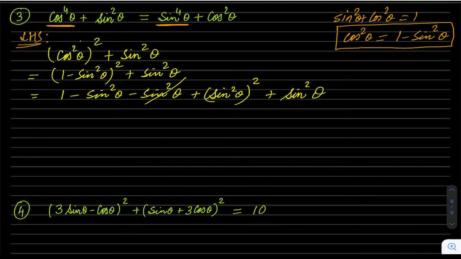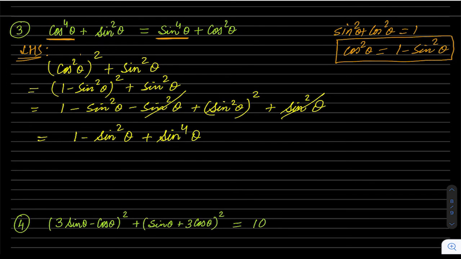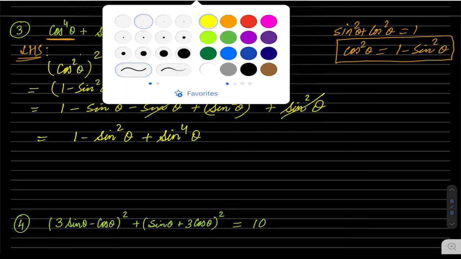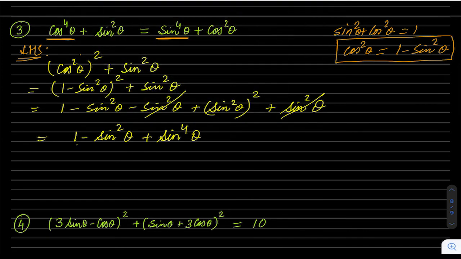As this and this are the same, sine square theta, I can cancel. What is left now? I have 1 minus sine square theta plus sine power 4 theta. Now again I can use that 1 minus sine square theta is nothing but cos square theta.